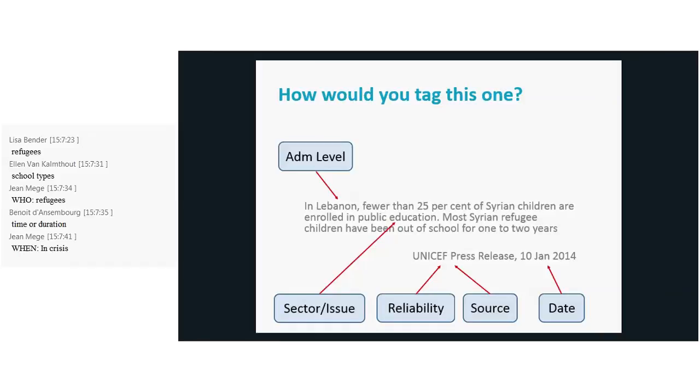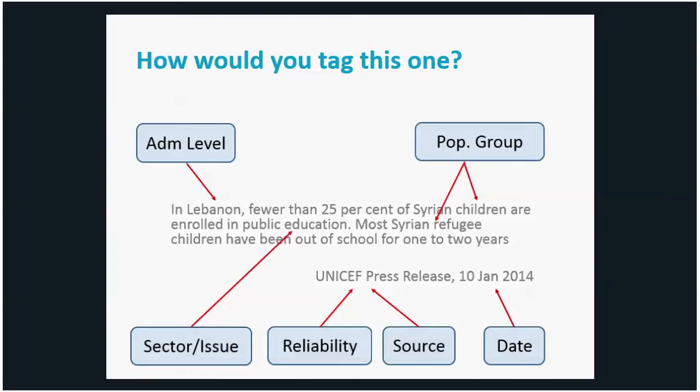We cannot go deeper than that. And we have the population group, which is both refugees but also children. I can see in the chat that you also put in the learners. That is probably an education-specific one, which is fine. I've just taken the one that I felt from a very generalist and multi-sectoral point of view.